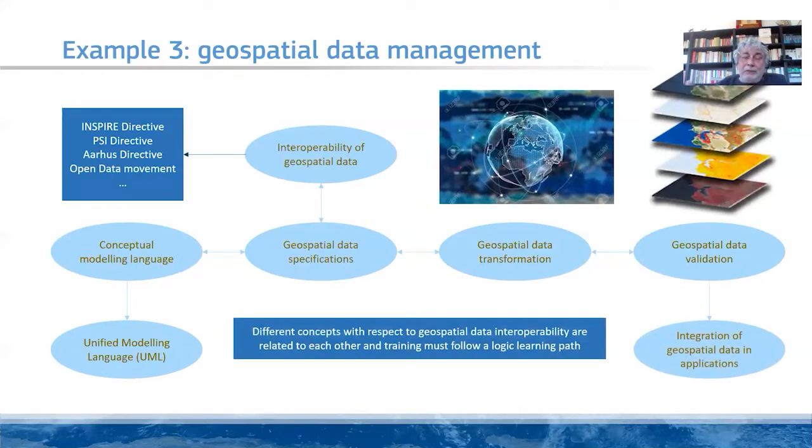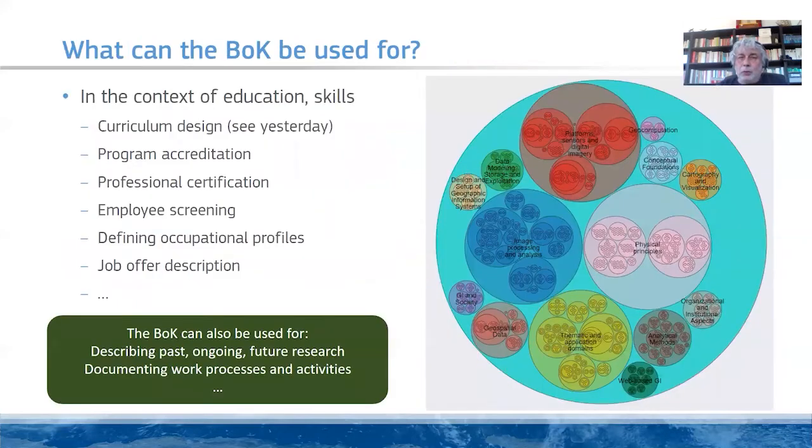Again, there you have different concepts with respect to geospatial data interoperability. They are related to each other, and the training should follow a logical learning path. And at the end, you will be able to integrate all these harmonized data in a GIS for different applications. So those were the three examples.